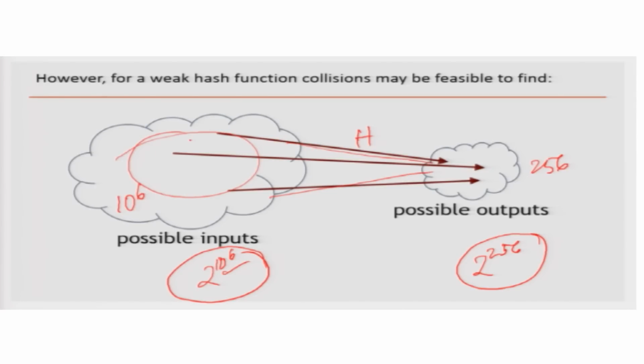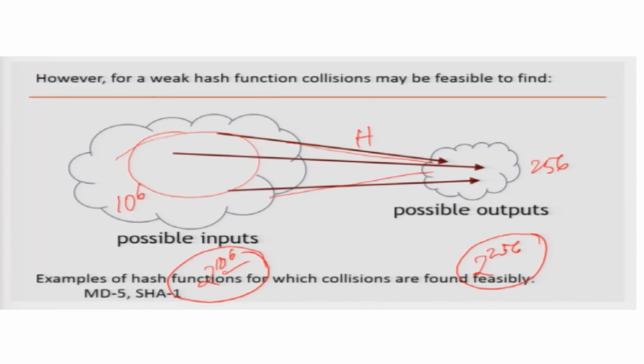But the point is, it is not that collisions do not exist. So, we do not say a hash function is collision free, we say a hash function is collision resistant, which means that people should not be able to quickly find a collision. So, that is collision resistance. Example hash functions on which collisions were found are MD5 and SHA-1, SHA being the secure hash function version 1.